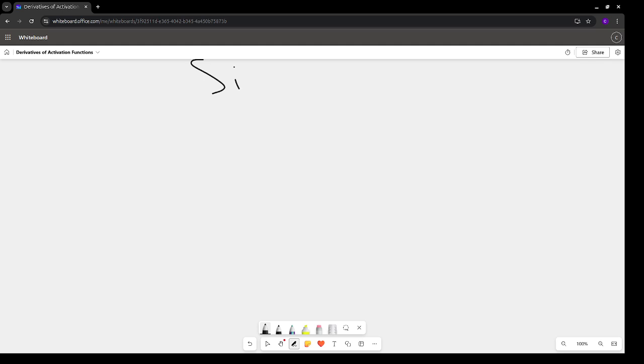So the sigmoid function will be looking something like this, right?